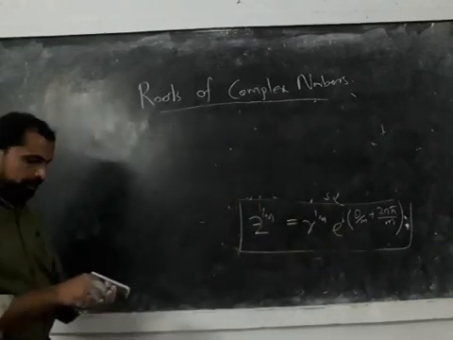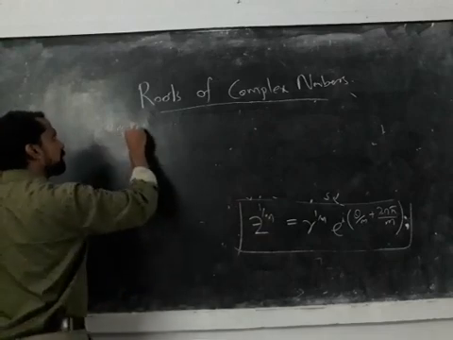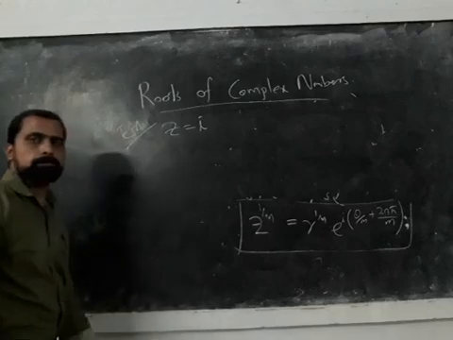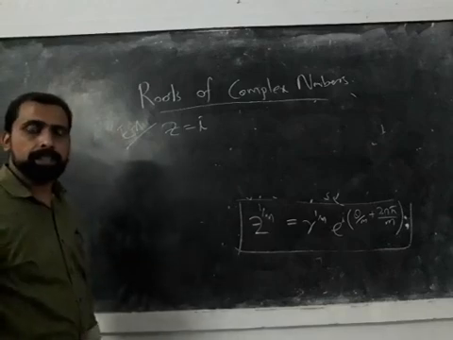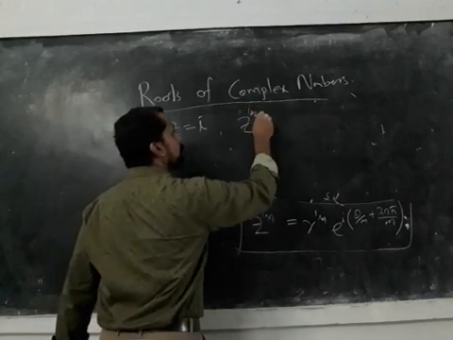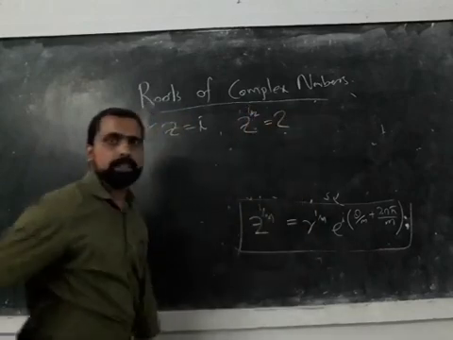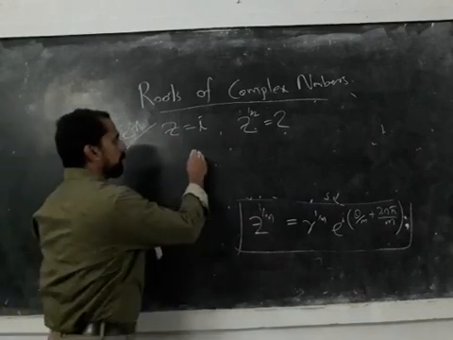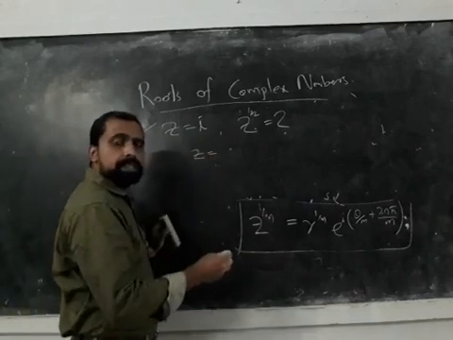My first example: complex number z is equal to i, and I need the square root. So what I need is z raised to half. I already mentioned how to represent this i.